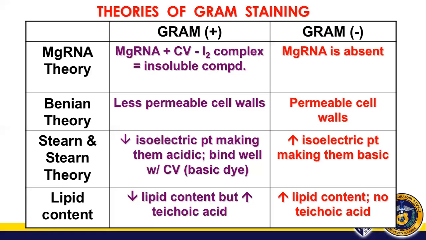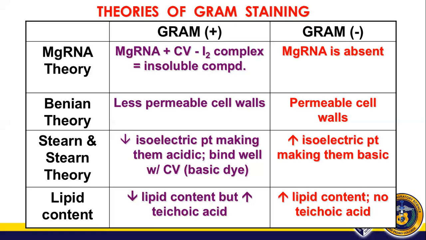And there's only a really thin layer of peptidoglycan, so when acetone alcohol is applied, it perforates the lipopolysaccharide layer, enters the thin peptidoglycan layer, and removes the crystal violet iodine complex. So this series tries to explain why gram-negative organisms are red and gram-positive organisms are purple.